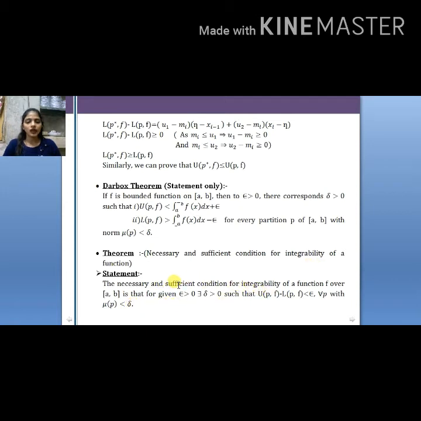That means if f is integrable, then UPf minus LPf is strictly less than epsilon, and if UPf minus LPf is less than epsilon, then f is integrable.